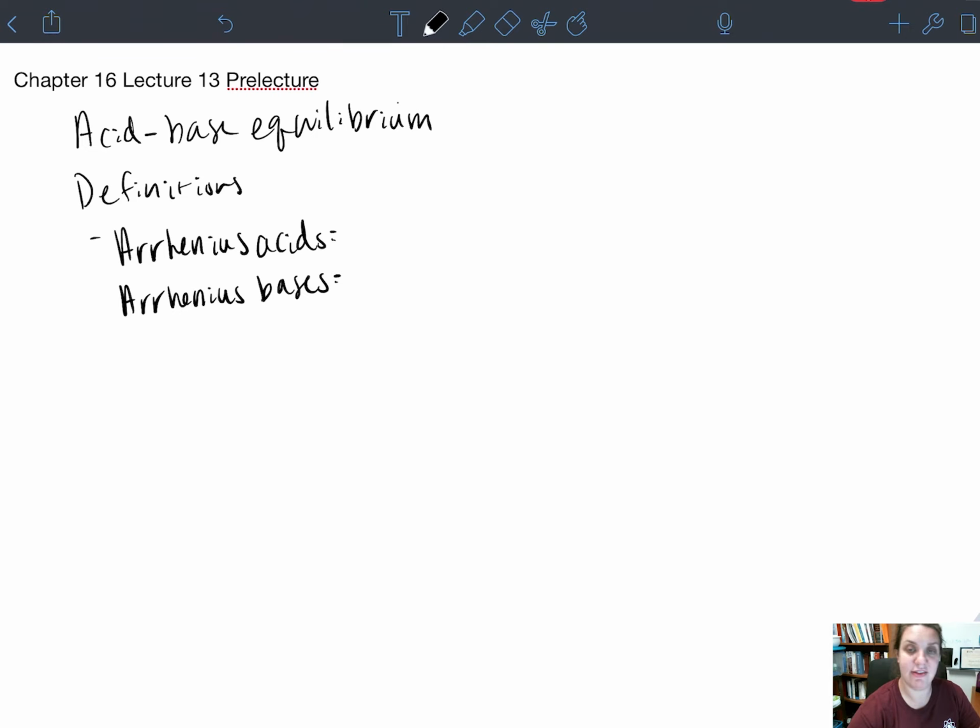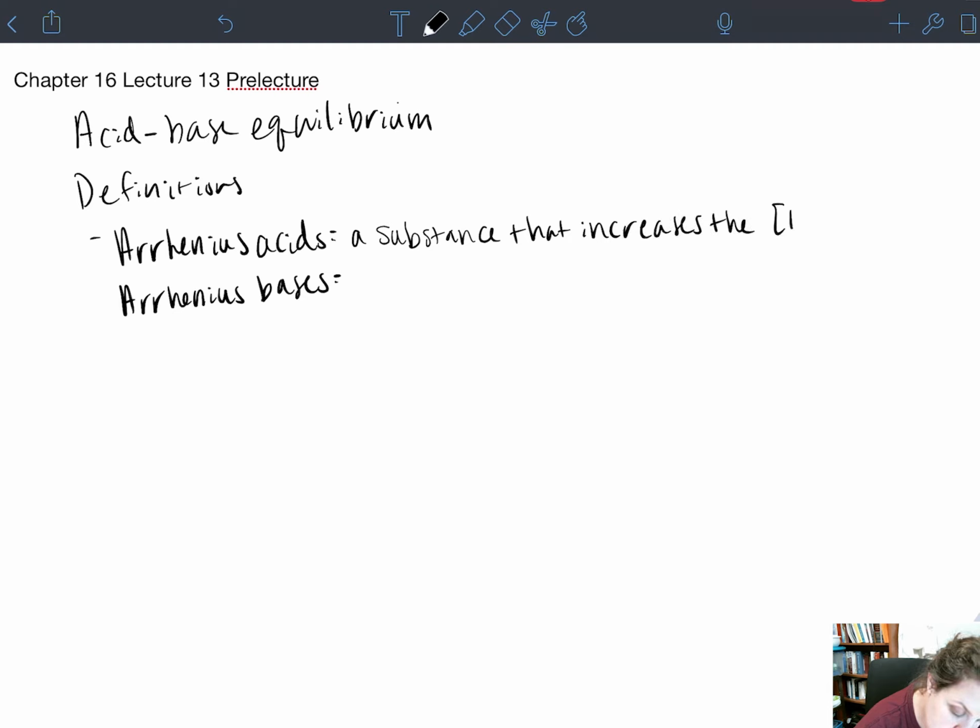So Arrhenius acids are defined as a substance that gives off H plus in water, or a substance that increases the hydronium or H plus concentration in water. The base is going to be something that increases the hydroxide concentration in water.